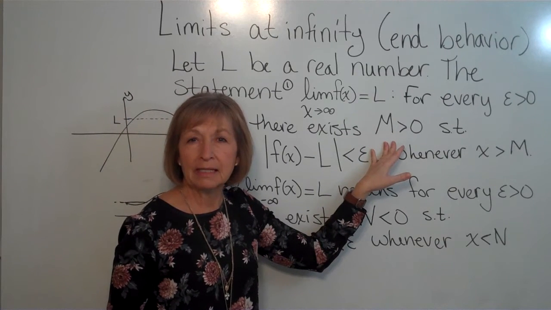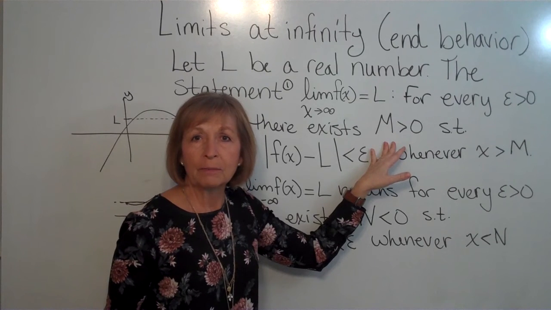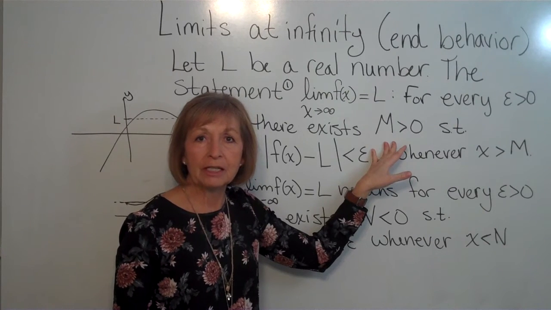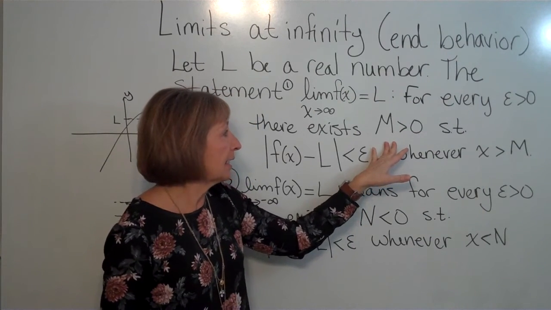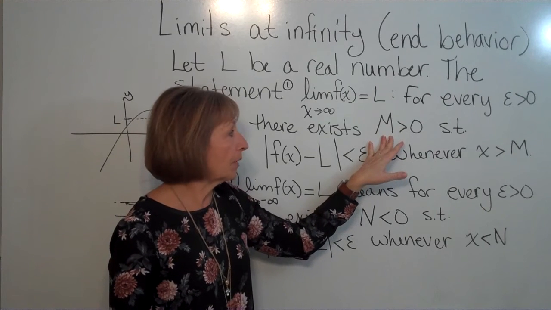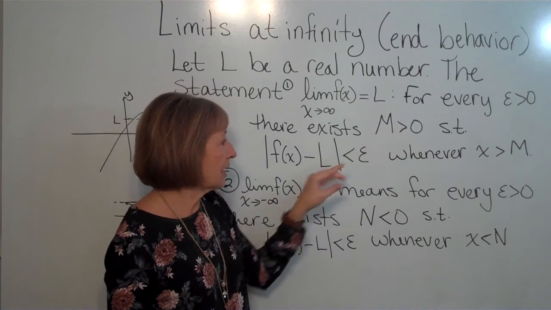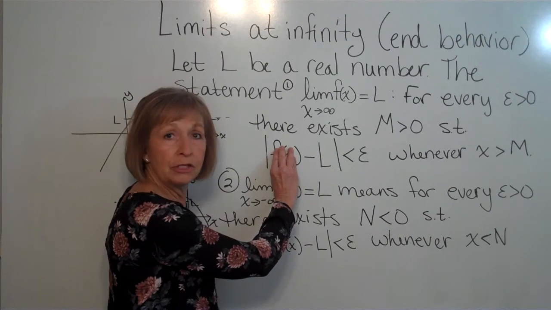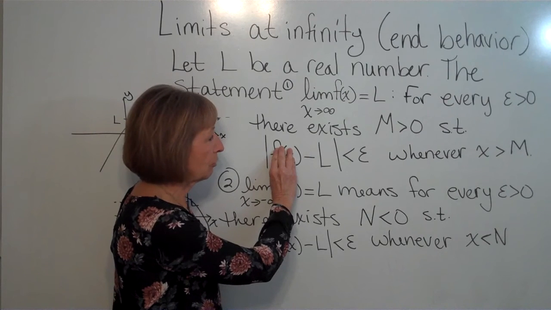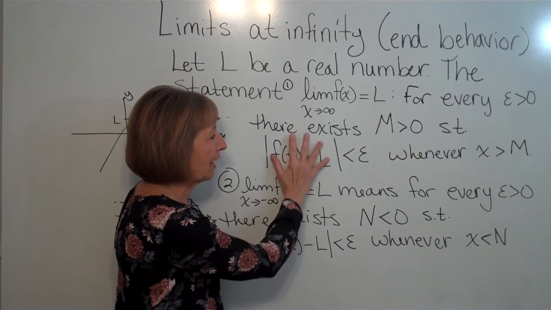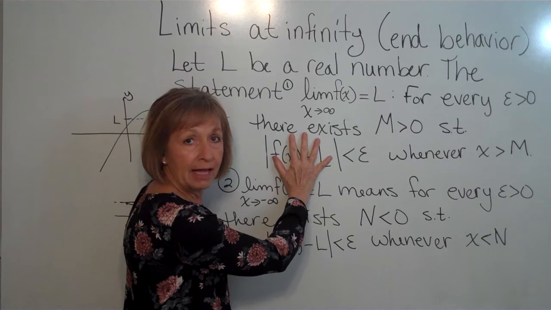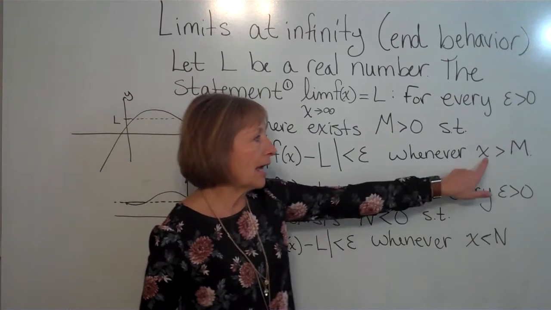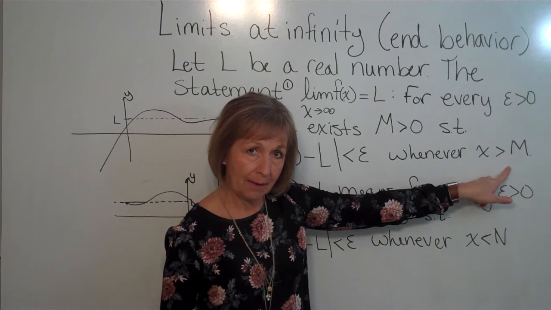So this is where you see that the formal definition differs from the epsilon-delta proofs for limits as x approaches c, a specific number, in that here there exists a capital M greater than 0 such that the absolute value of f of x minus L, so the output you get from running that x value through the function minus the limit value, is less than epsilon whenever your x is greater than capital M.